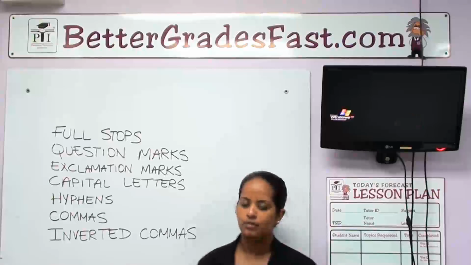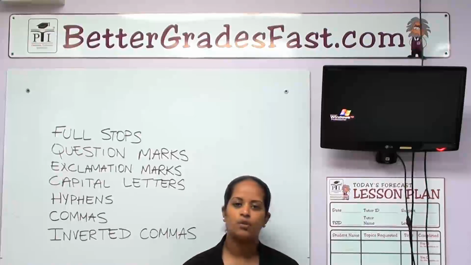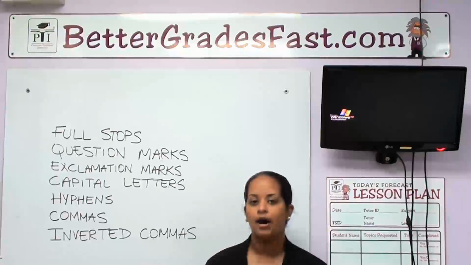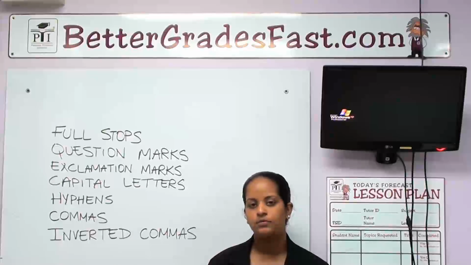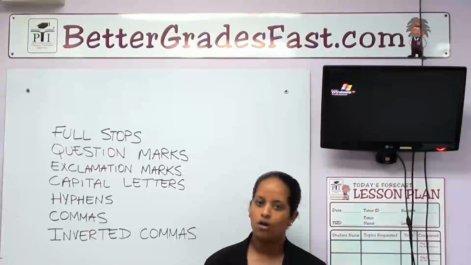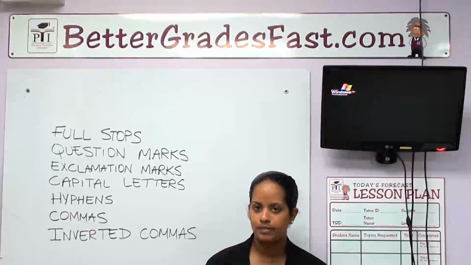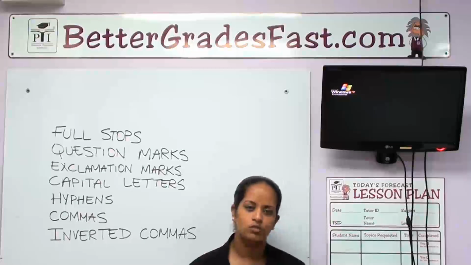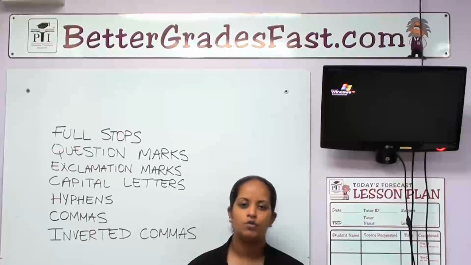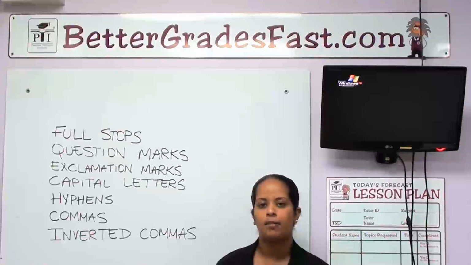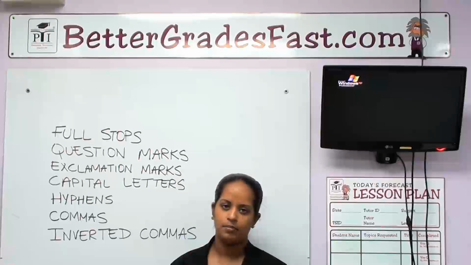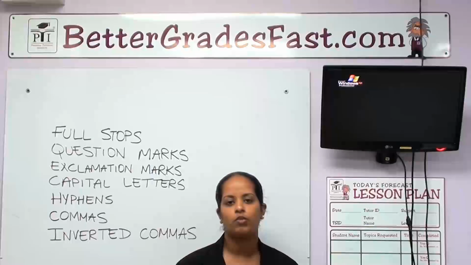For example, I have to go to the market to buy bananas, lemons, apples, grapes, and once your list continues, after every item you will need a comma. The only time you do not need a comma is before the last item, because you will replace it with the word and.